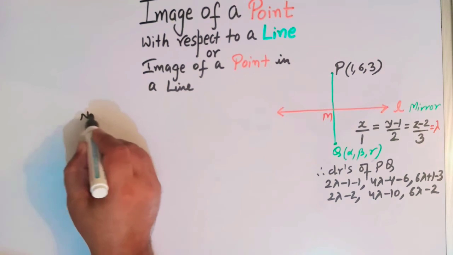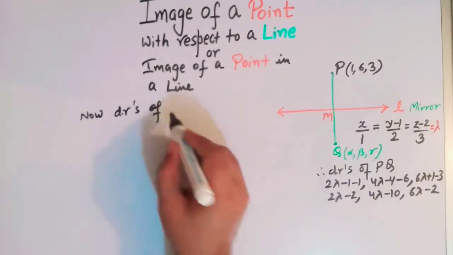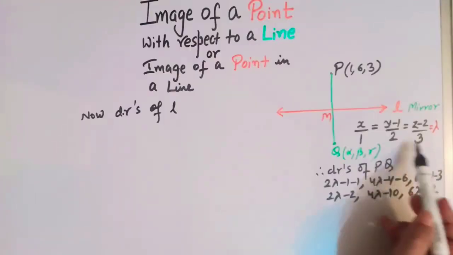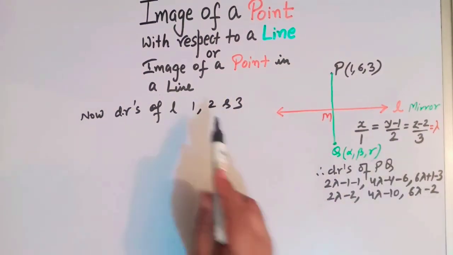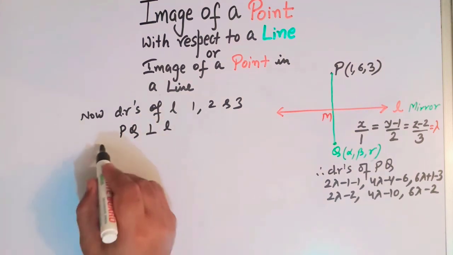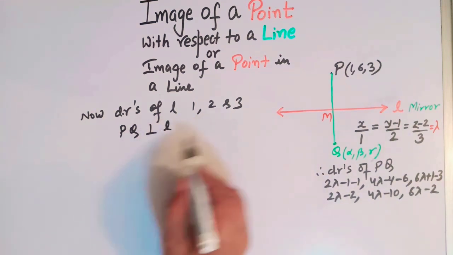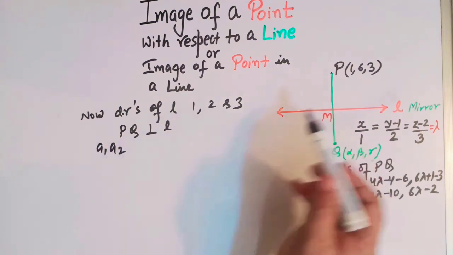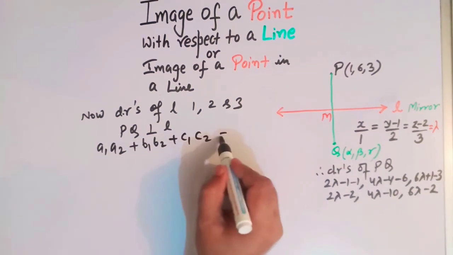Now the DRs of the given line are 1, 2 and 3. So here if we apply PQ perpendicular to the line L, and if two lines are perpendicular and their DRs are A1, B1, C1 and A2, B2, C2, then we have the condition for two perpendicular lines as A1 A2 plus B1 B2 plus C1 C2 is equal to 0.